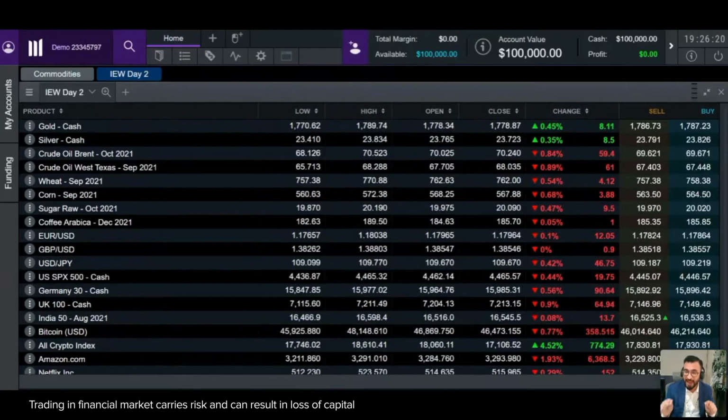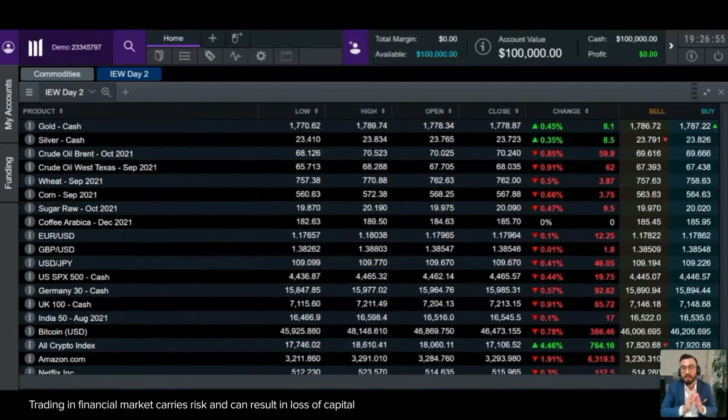Now, how to use the watch list, why the watch list is created. The first column which you see says low. I'm going from left to right in my system. So after gold, the first column which I see is low. Low means the lowest till now. Since the market opened for gold, last night at 3 a.m., till now, what is the lowest price gold has seen today?